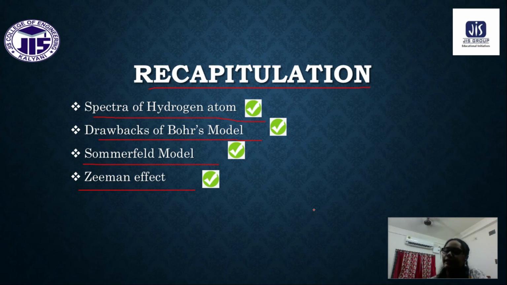We will discuss this magnetic quantum number in our next class also. It is denoted by m l, and it equals plus l to minus l.